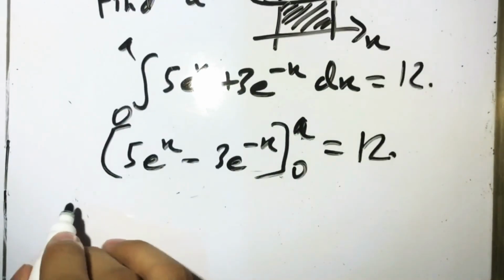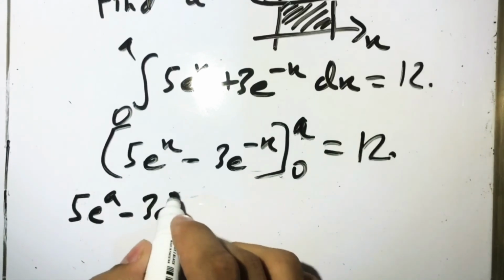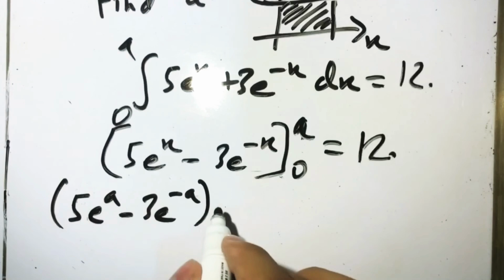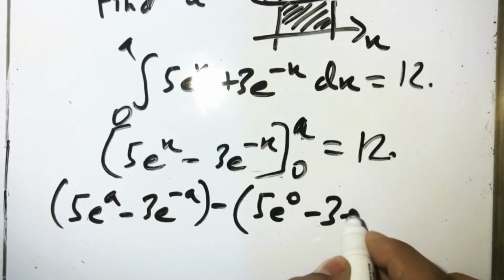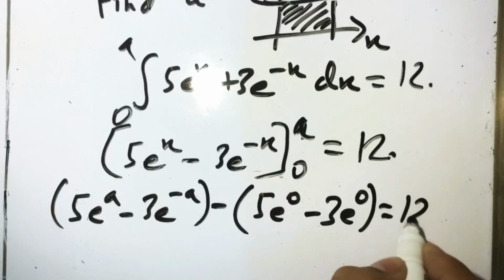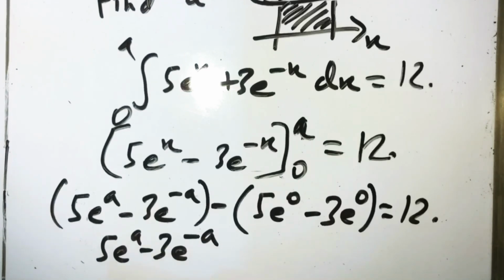So now 5e to the power a minus 3e to the power minus a, minus, 5e to the power 0 minus 3e to the power 0 equals to 12. So 5e to the power a minus 3e to the power minus a. This becomes 5 minus 3, that is 2.